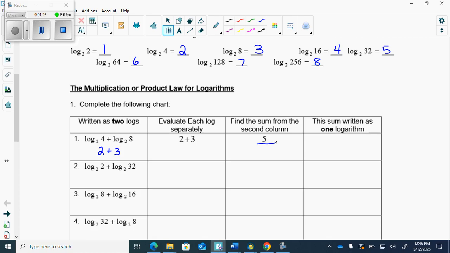So let's look at this one. I have a plus 1 in front, a plus 1 in front, a base 2 and a base 2. Do you see that? Then I can put them together as one single logarithm by going log base 2, and because they have plus 1s in front, I multiply them. 4 times 8, which is actually log base 2 of 32, which equals what? 5.